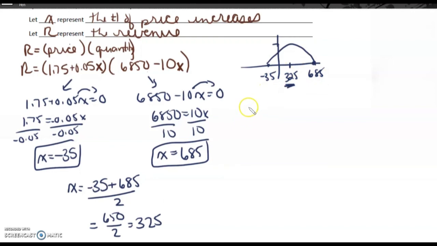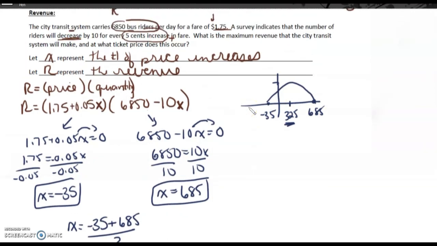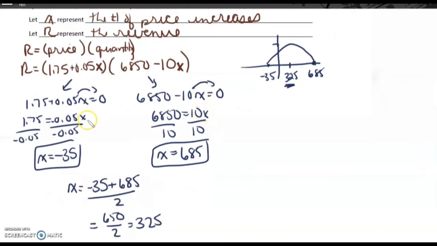Now, in order to find revenue and ticket price, we have to sub it back into here. So when we use the revenue equation, if you think about it, the first bracket is actually going to equal what the price would equal, and the second bracket is going to equal the quantity sold.